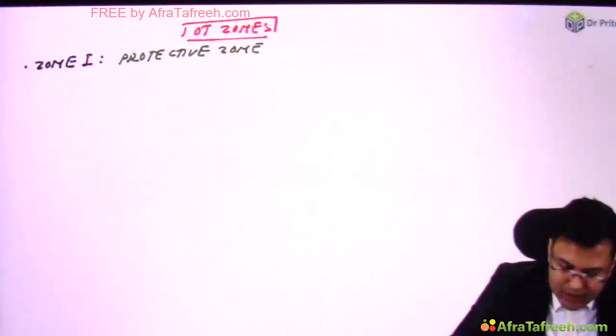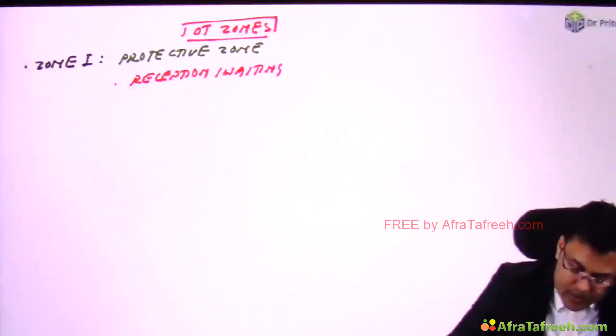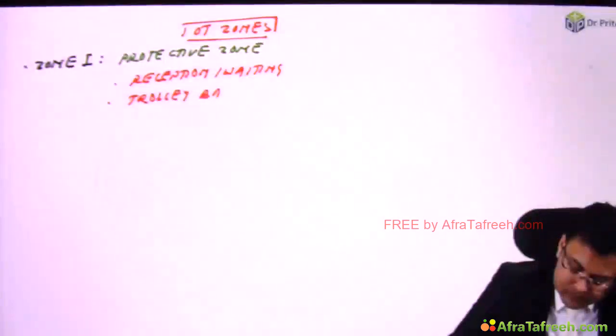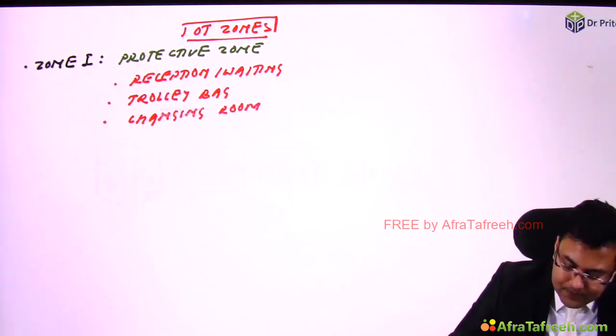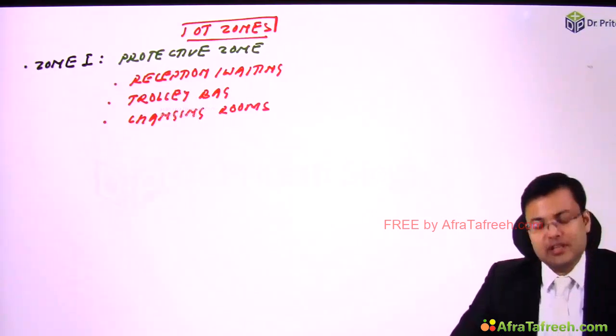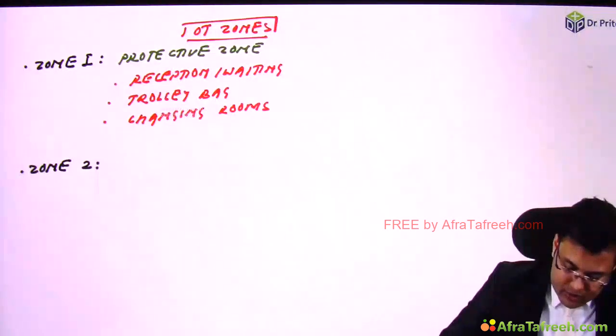In this zone, we include reception and waiting areas, trolley bays, and there are changing rooms for the staff. This is zone 1, the protective zone. After that, there is zone 2. This is the clean zone.